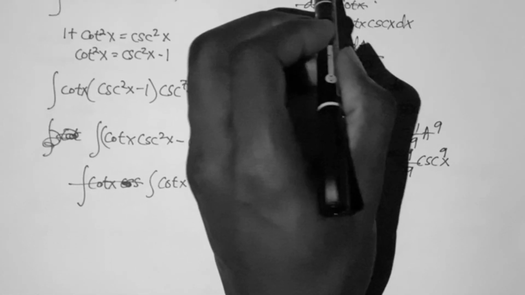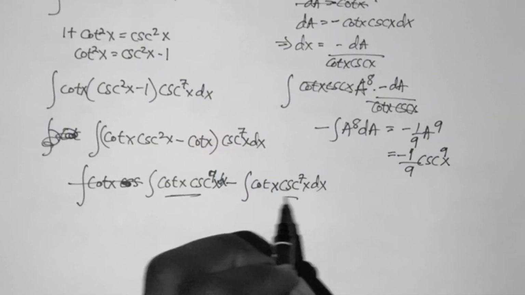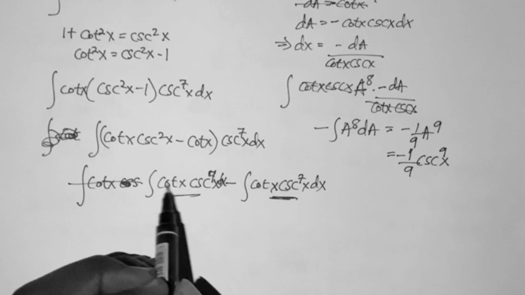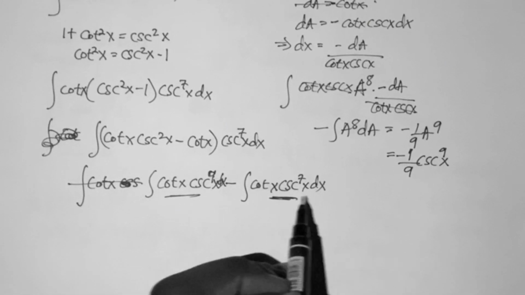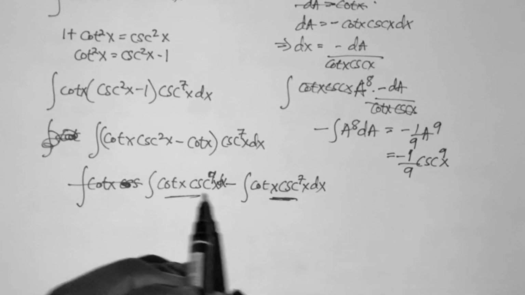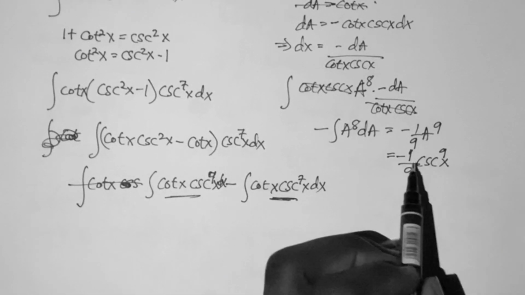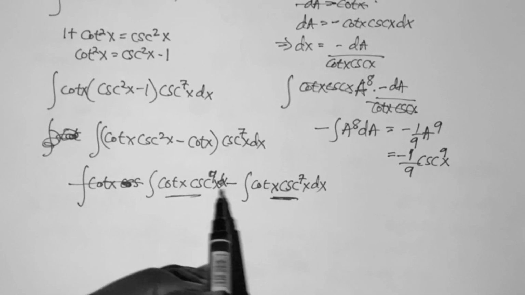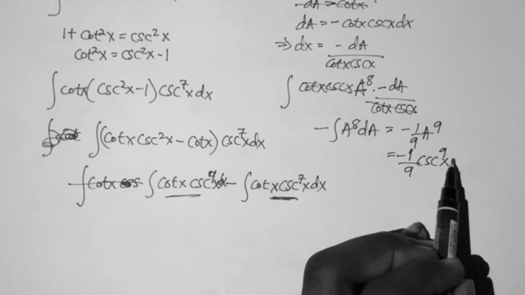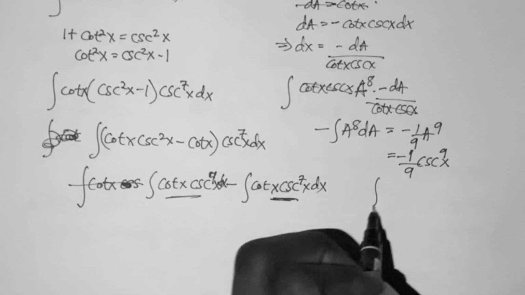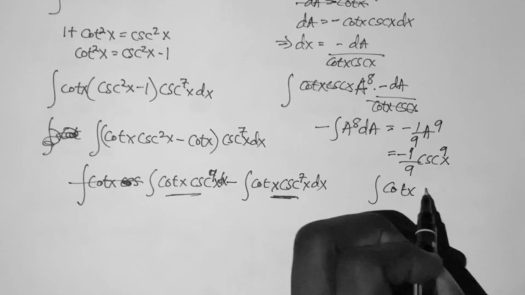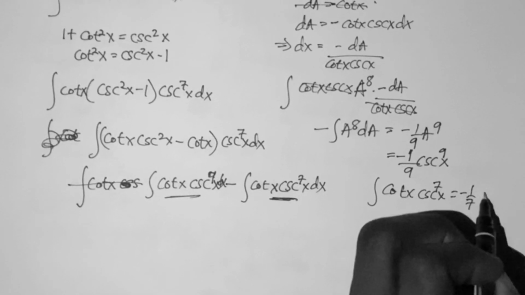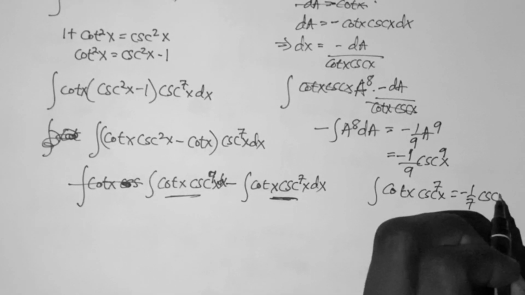Now, we are done with this aspect. So we need to do this one. If you look at it, this is cot x cosec x exponent 9, and cot x cosec x exponent 7. They are all odd powers. So it's just the same thing. So it implies that the integral of cot x cosec x exponent 7 is also equal to minus 1 over 7 cosec x exponent 7.